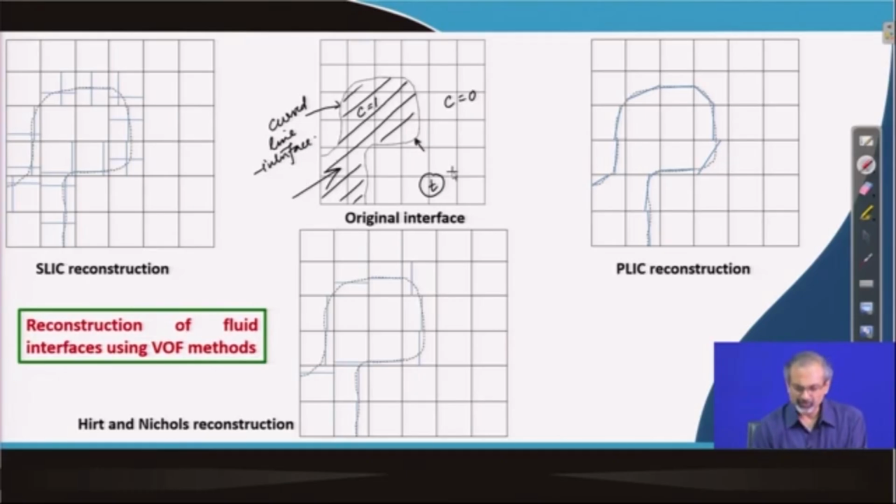Now, at this point of time, how are the different reconstructions of the interface working? So, as we defined SLIC reconstruction, you can pick up any one of the cells and you will see a vertical and a horizontal front, which is indicated. As you can understand, this vertical front will work better as you advect along x direction. The horizontal interface will work out better as you advect along y.